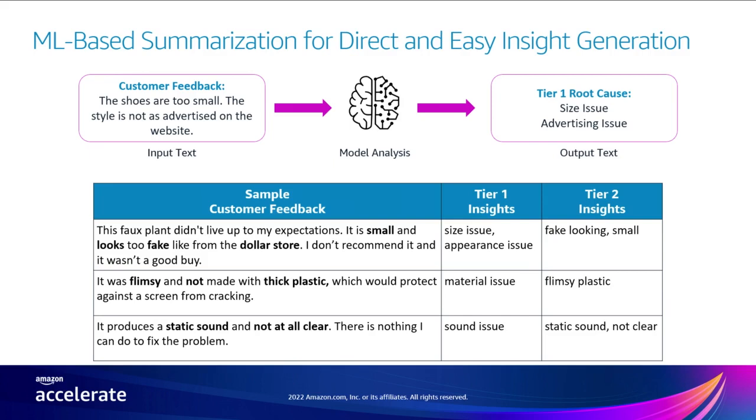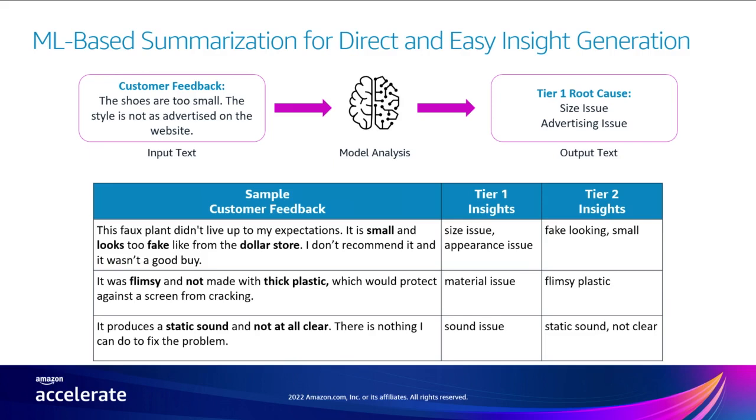It is small, looks fake like from the dollar store. I don't recommend it, and it wasn't a good buy. Our model will analyze this feedback and output its first tier of summarization, which is size and appearance issue. But what about that size and appearance? The model's second tier of summarization will note fake looking and small.